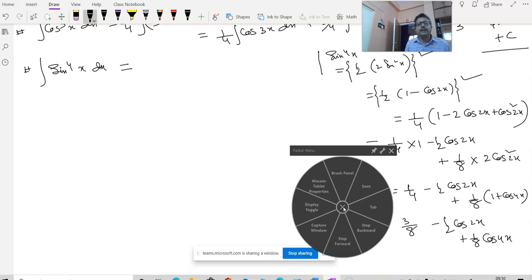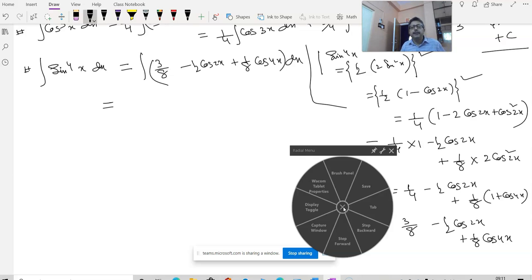So substitute there. 3 by 8 minus half cos 2x plus 1 by 8 cos 4x. Now integrate term by term.